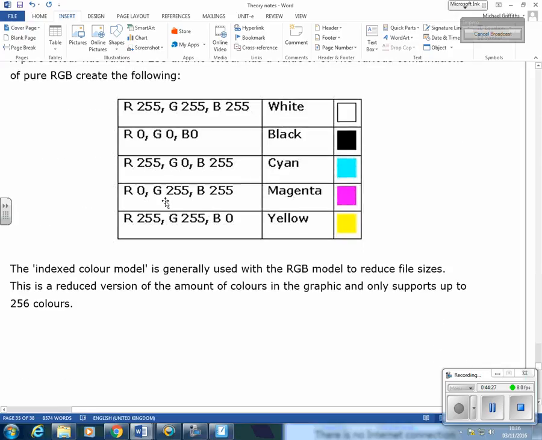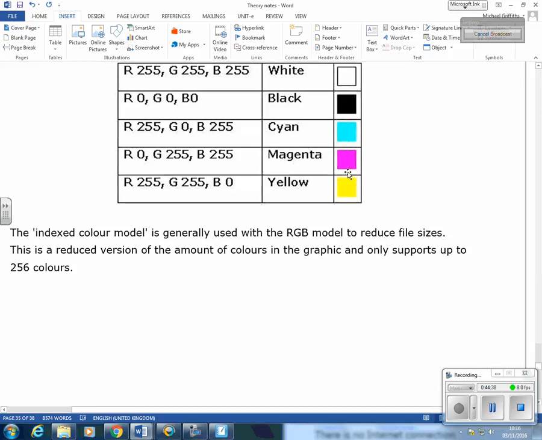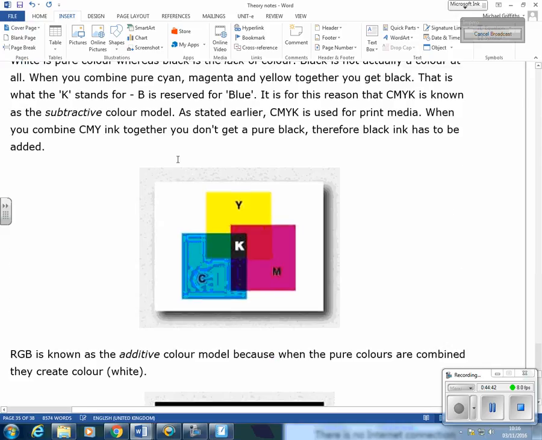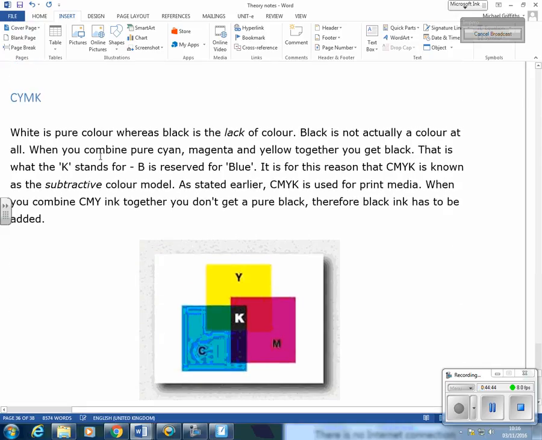If you go all red and all blue, you get cyan. Sorry, I think that's wrong. I think red and blue gives you magenta. Anyway, you don't get asked that. CMYK is the print model, alright?